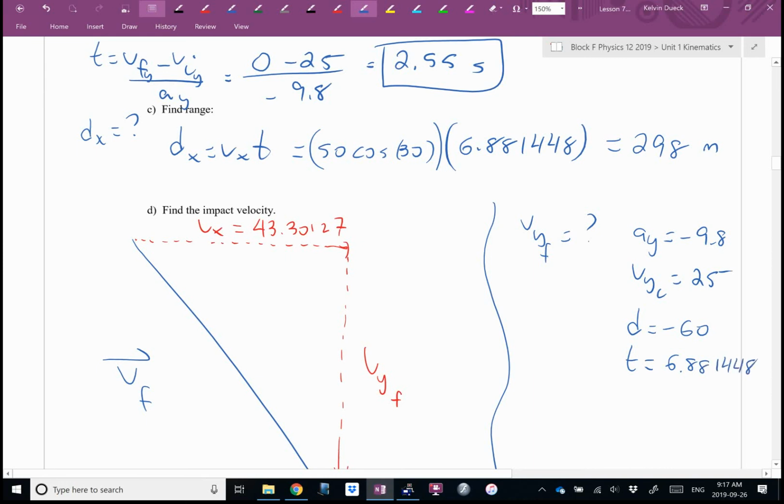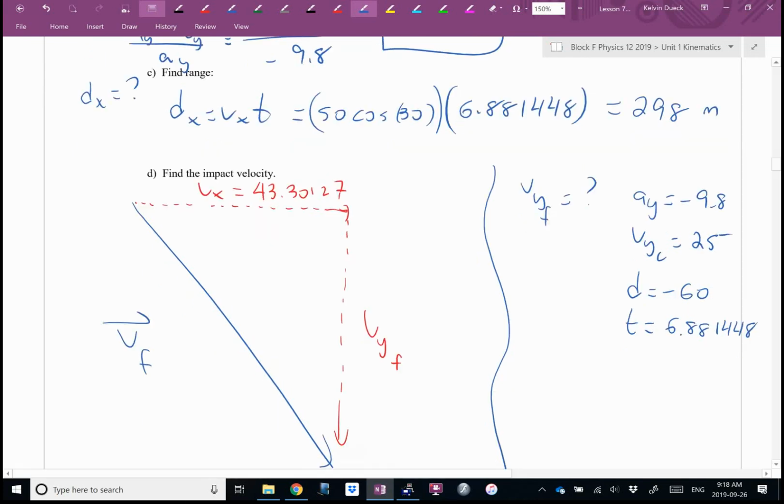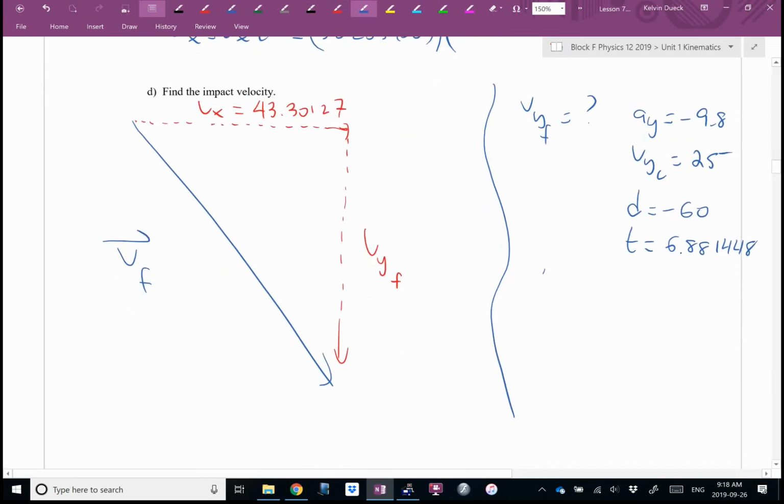Now, time is much more convenient to use here. The only risk is if I got time wrong, I'm getting this wrong. This is physics 12. We're going to roll the dice and pick an easier way, even if it means using data that we've already calculated. The nice thing is this gives us an equation where Vy final is by itself already.